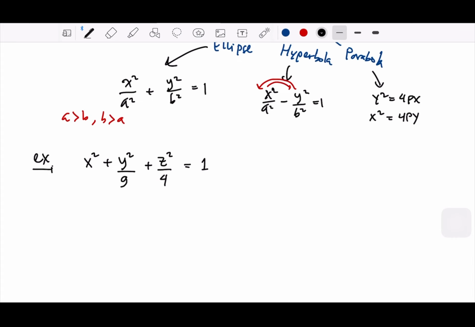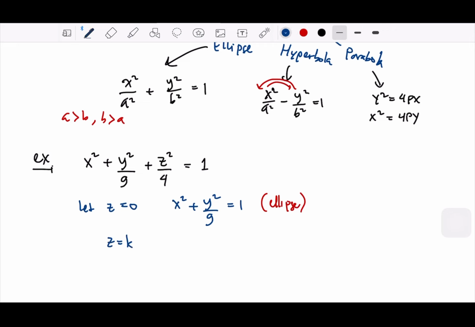Okay, now let's take z equals 0, and what do we have? We will have x squared and y squared over 9. And this determines that it will be an ellipse. So if we look at the xy plane, we will see an ellipse.